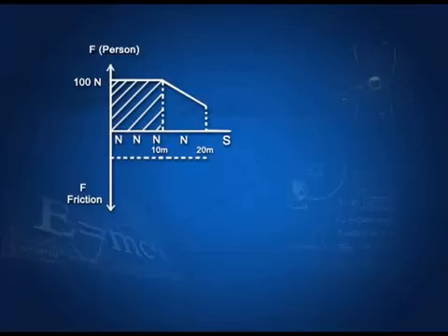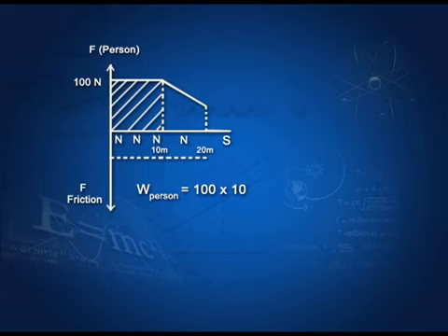So, the work done by the person is going to be the area under this curve, which is going to be just this rectangle plus the area of this trapezium. So, for us it will work out to be 100 into 10, which is the area of this section.